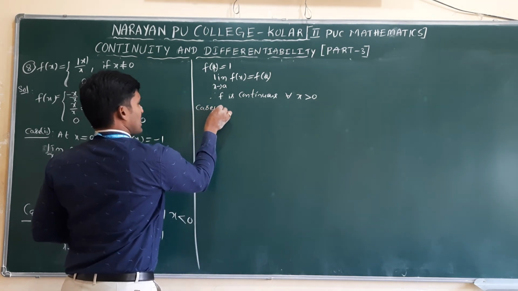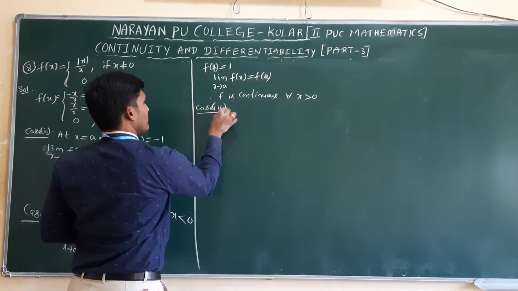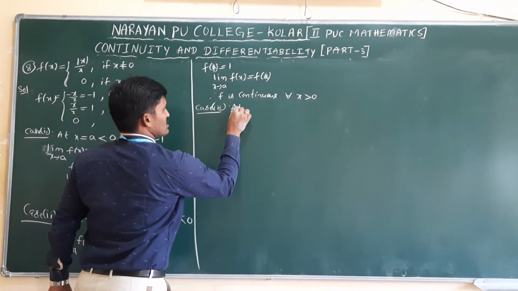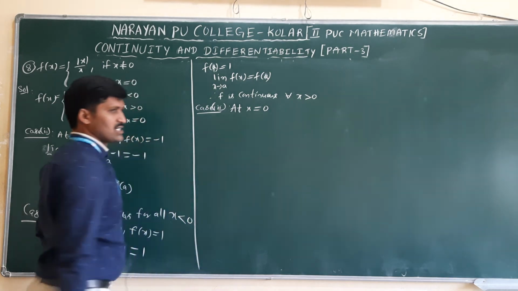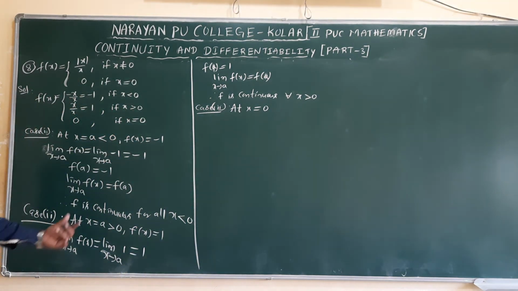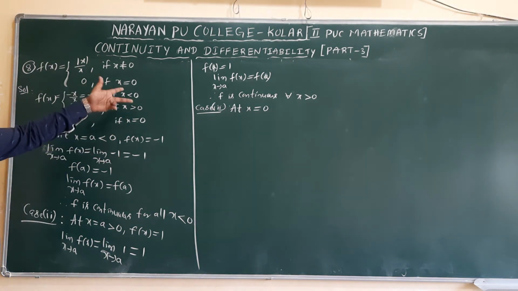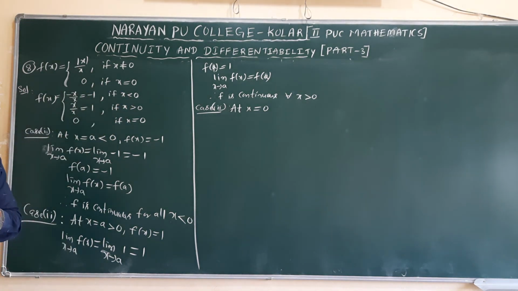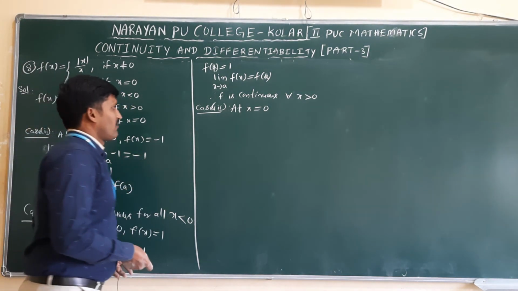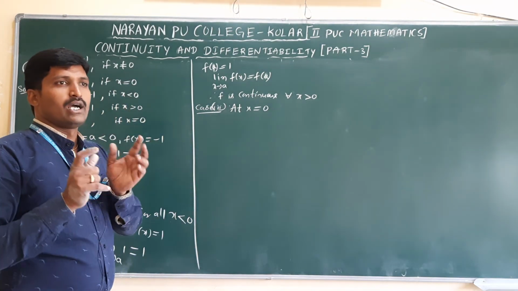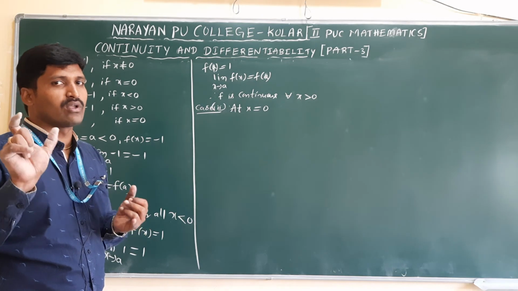Finally, last case, case 3. Case 3, at which point we need to check? At x equal to 0. For less than 0, single function, greater than 0, single function. But at 0 we need to check, since the conditions are given as less than and greater than 0. So we need to use the second definition: LHL, RHL and f of 0. When these 3 values are equal only, we can conclude that the function is continuous at x equal to a.